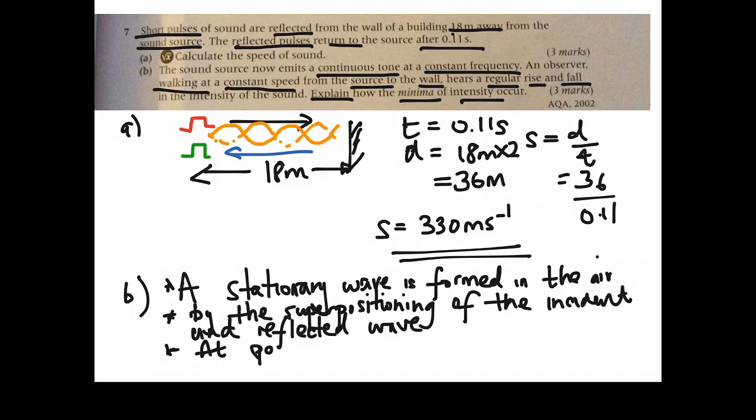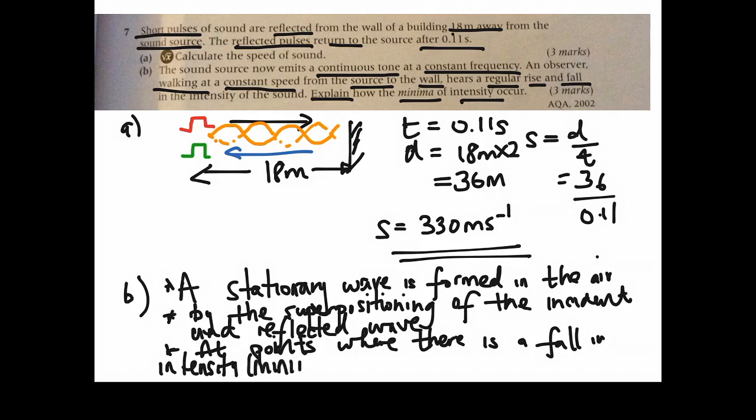At points where there is a fall in intensity, meaning where we experience the minima, destructive interference occurs.